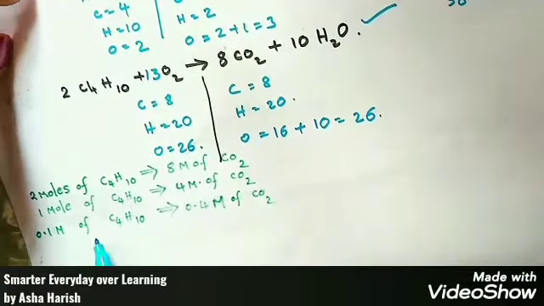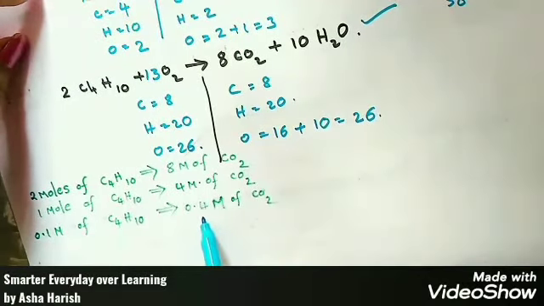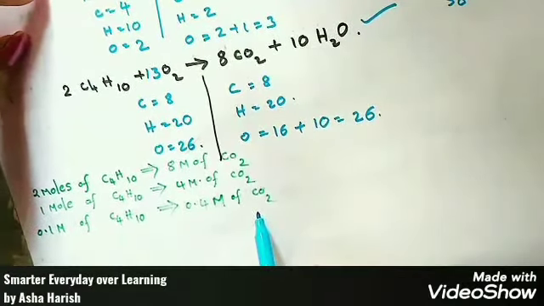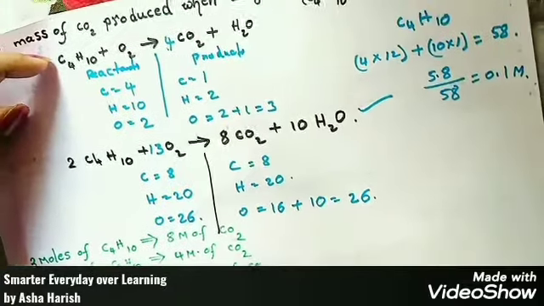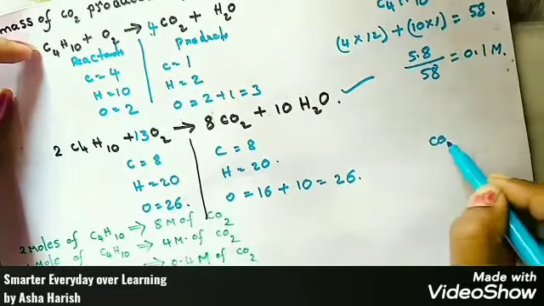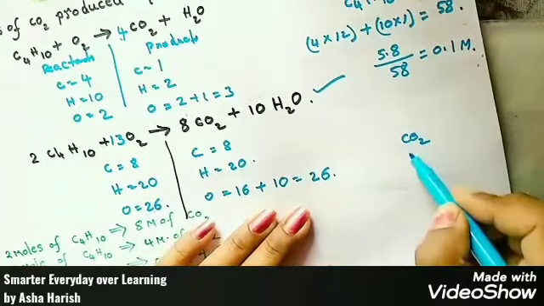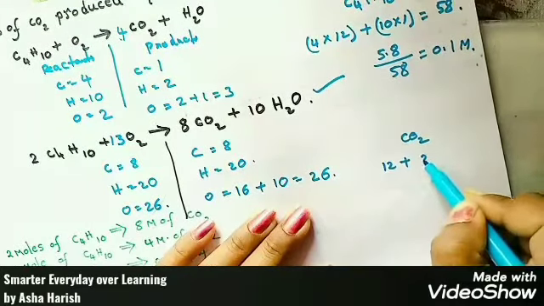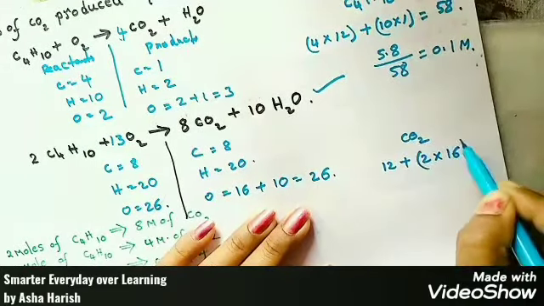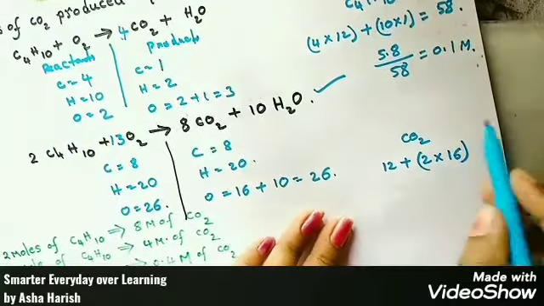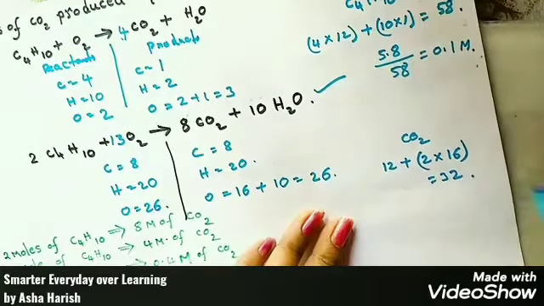Then for 0.1 mole of butane we should get 0.4 moles of CO2. Then coming to CO2, we can also do the molecular mass. Carbon 12 plus 2 into 16, students. 16 is the atomic mass of oxygen, so here 32.